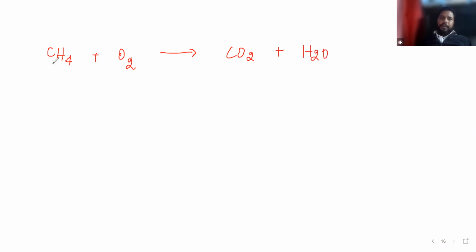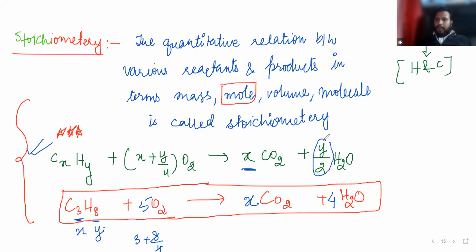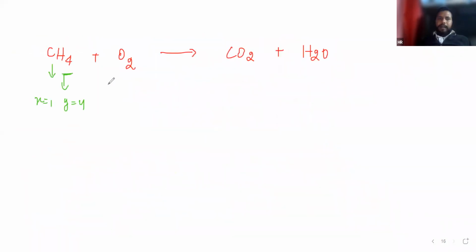You just see what is x, x is equal to 1, and y is equal to 4. Then you need to multiply it by 1, or you can write, or you cannot write. Okay, you cannot write means you should not write. Now see, whatever is the H2O, y is here, according to the general formula, y by 2, that is 4 by 2, will be 2 here.